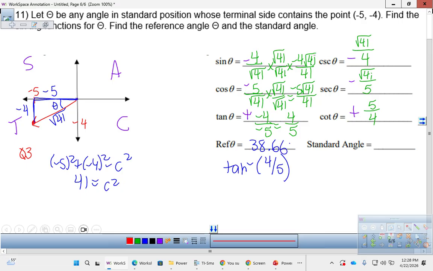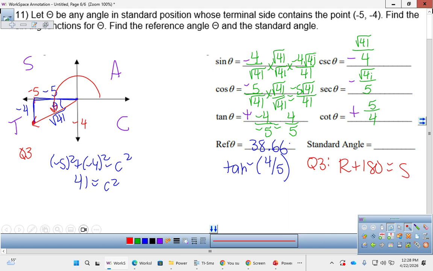Finally, I'm asking you to calculate the standard angle. It should be some angle in quadrant 3. Well, I know my standard angle is all of this. So if I take away the reference angle, I just have a 180 degree angle. So my quadrant 3 rule says that to find the standard angle, I do my reference angle plus 180.